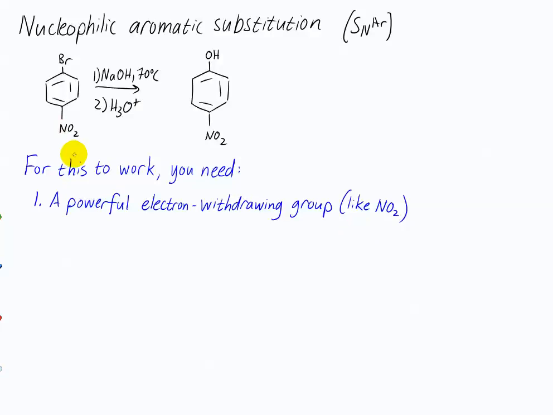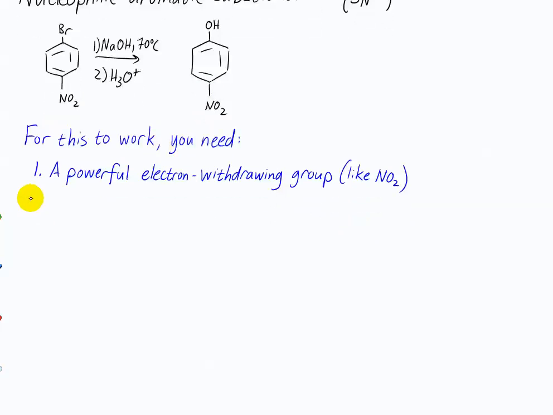So you need to have this electron withdrawing group on there. Okay. Second, this is probably obvious, but you need a good leaving group, typically bromine or iodine or something, a halide.